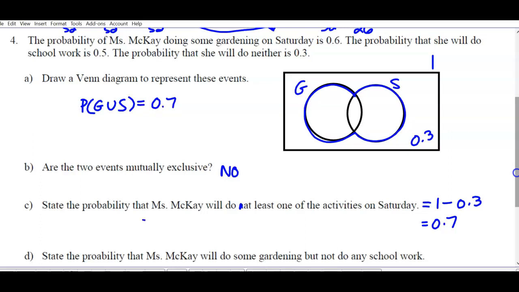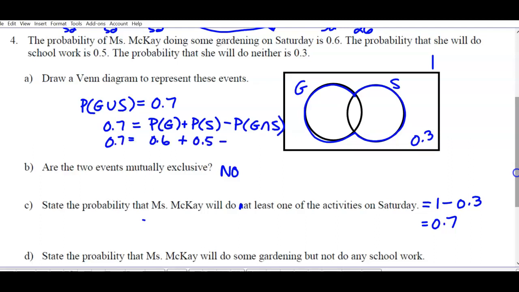So basically 0.7 equals, because these are not mutually exclusive, the probability of G plus the probability of S minus the probability of the intersection. And gardening was 0.6. Schoolwork was 0.5. So we can figure out that overlap.